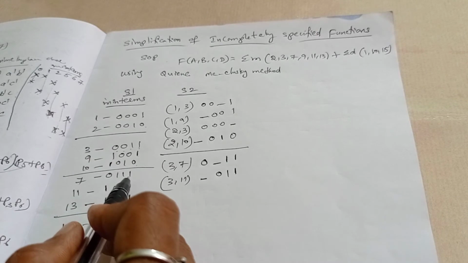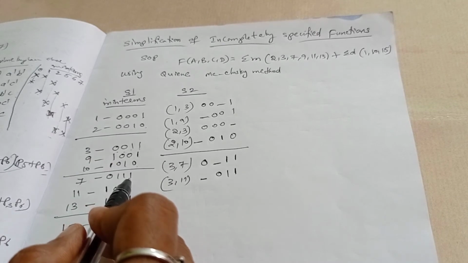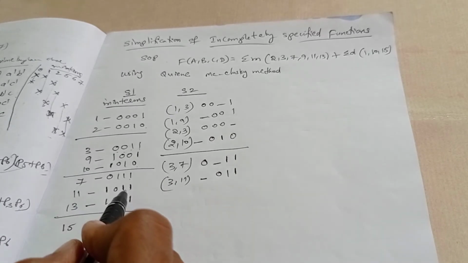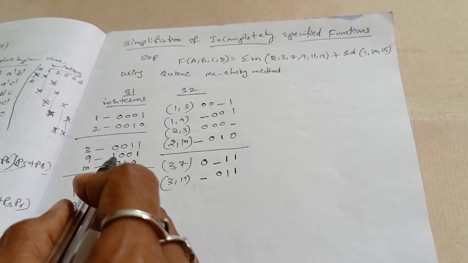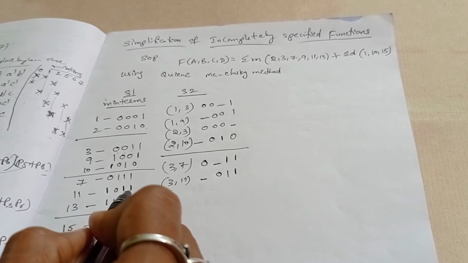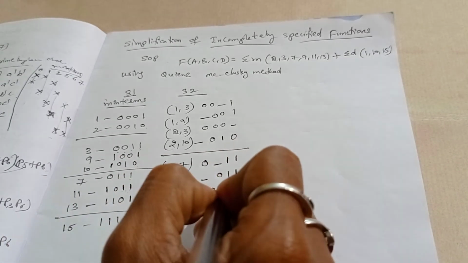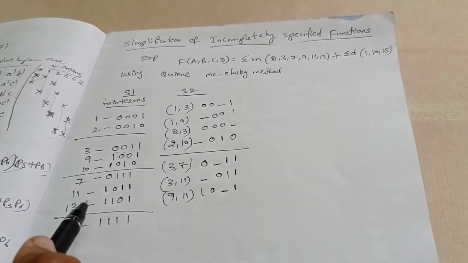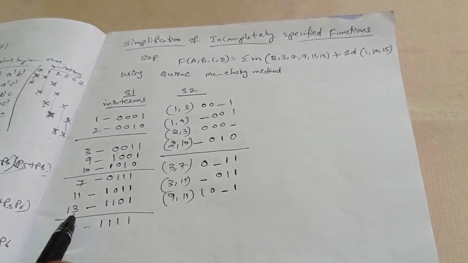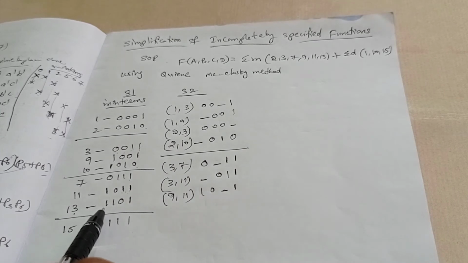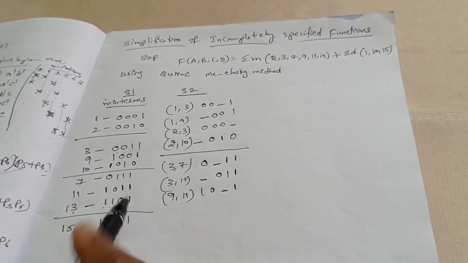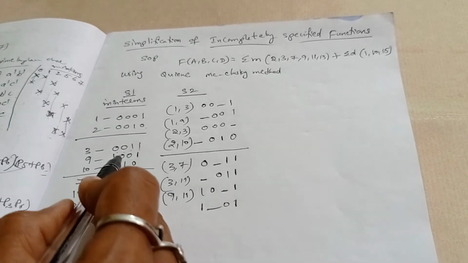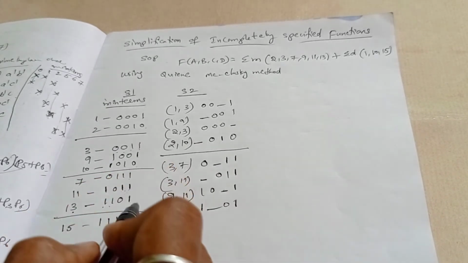Next 9 with 7, not possible because 3 changes. 9 with 11, yes possible, 10-1, that is 9 with 11. Next 9 with 13, 1-01.